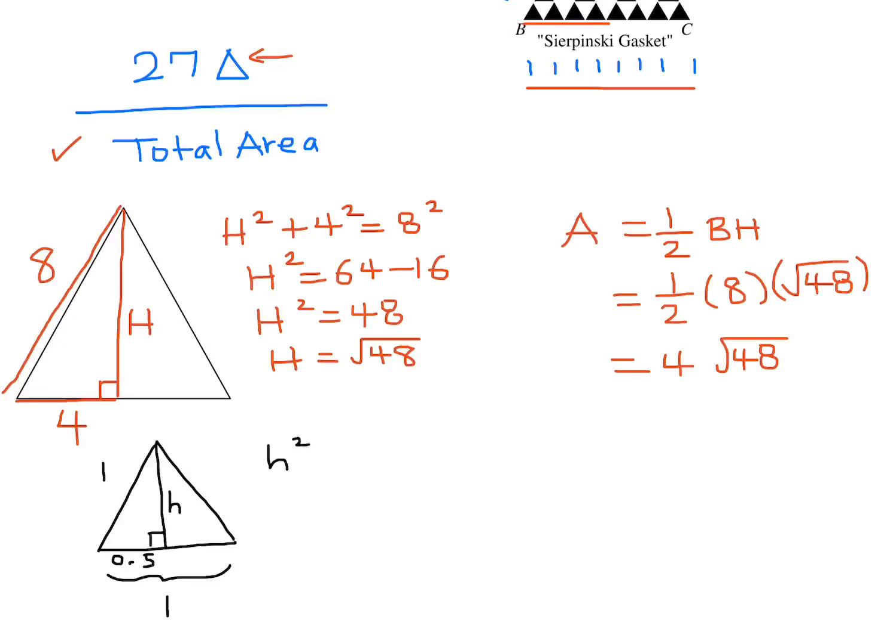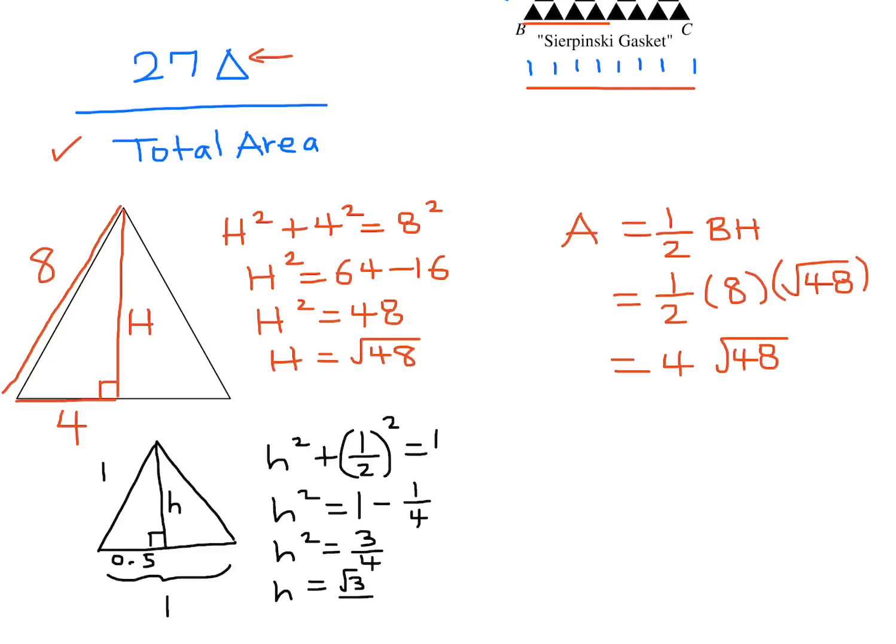So we have h squared plus 1/2 squared is equal to 1. h squared is equal to 1 minus 1/4. h squared is equal to 3/4. H is equal to the square root of 3 over 2. And therefore the area of one of these small triangles is 1/2 base times height.